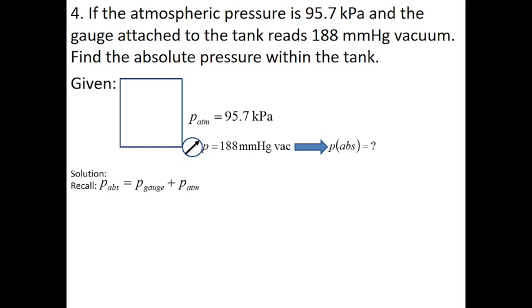Solution: recall the formula. To find the absolute pressure, we add the gauge and the atmospheric pressures. Also recall from thermodynamics that the gauge pressure is equal to the negative of the vacuum pressure. With that, we can replace the gauge pressure by the negative of the vacuum pressure, and this will be our equation.